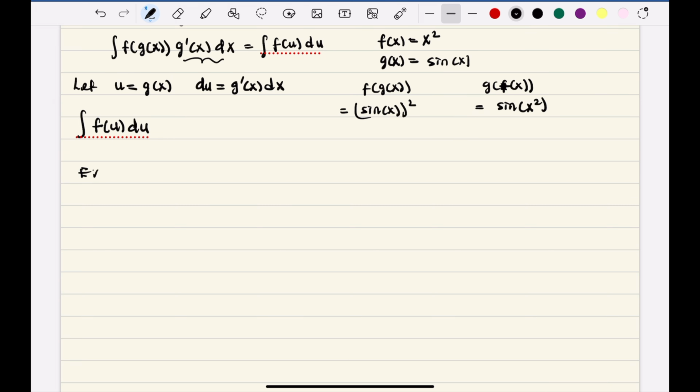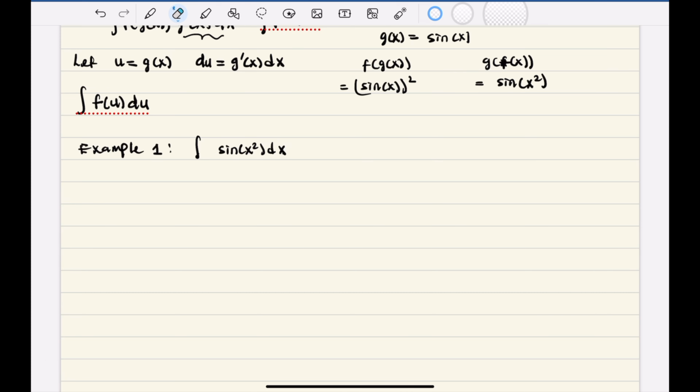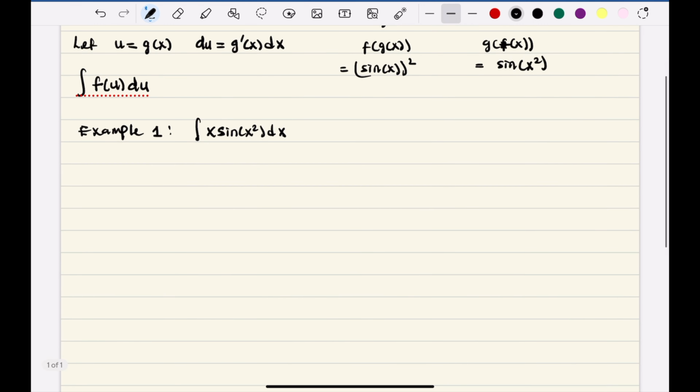The first example is this: the integral of x multiplied by sine x squared dx. How do we use U-substitution in this case? Let's say we make u to be x squared, and I just differentiate du with respect to x, which gives me 2x dx.